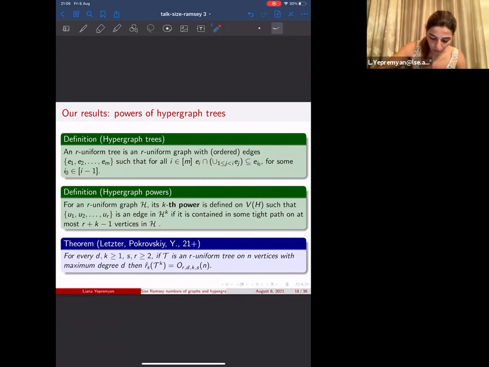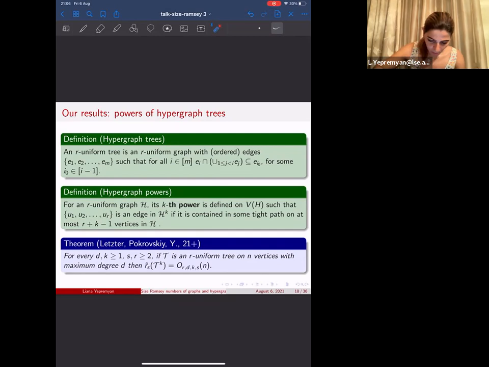For any r-uniform graph H, its k-th power is defined on the same vertex set as H, and an r-tuple u1, u2, ..., ur is an edge in H^k if it is contained in some tight path on at most r plus k minus 1 vertices in H.